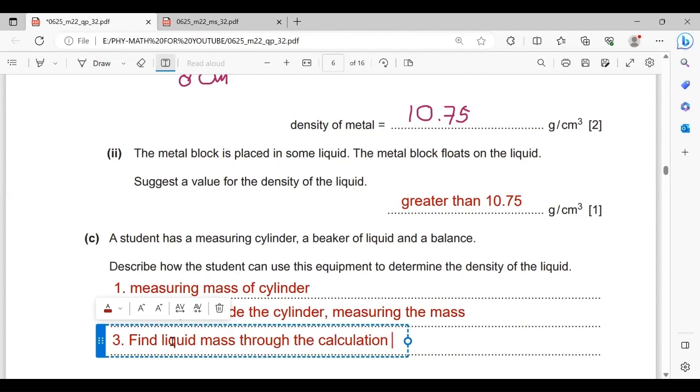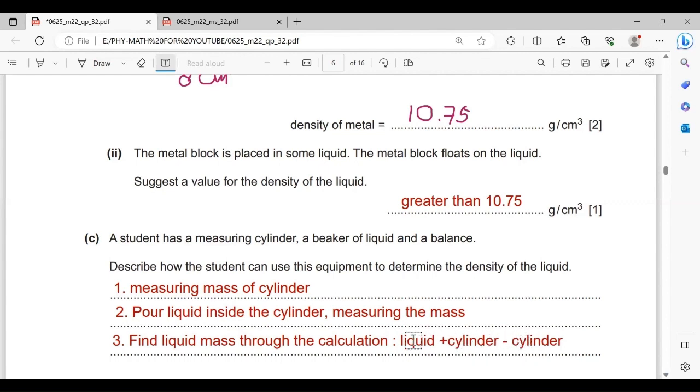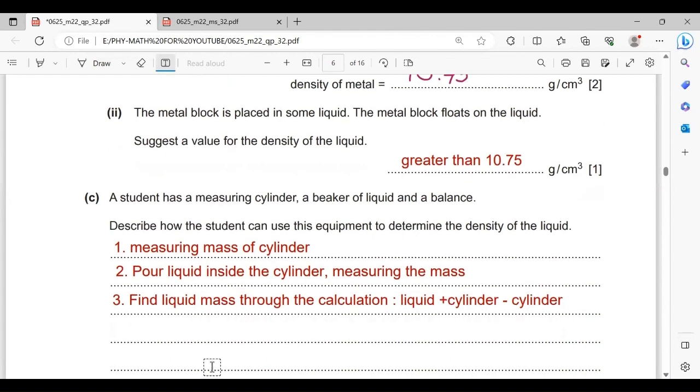Okay, liquid mass equals mass of liquid plus cylinder minus mass of cylinder. Yeah, this is mass. And fourth, find volume, and then find the density.